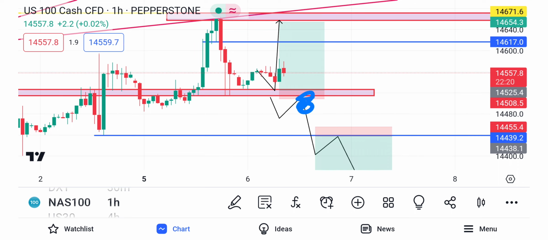I'll then sell the market expecting that it's going to go further to the bottom side. But currently the market doesn't show me any sales opportunities. It is actually showing me buy opportunities.